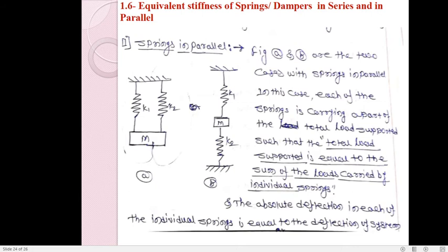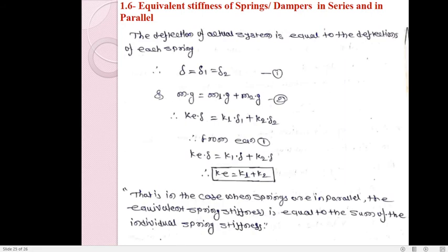So both springs show the same deflection but produce this deflection because of different forces, depending upon their stiffnesses. With this conclusion we can form the relation between these three things: delta is equal to delta 1 is equal to delta 2, and as the total load is equal to the sum of the loads produced, the total force is equal to the forces in the individual springs.